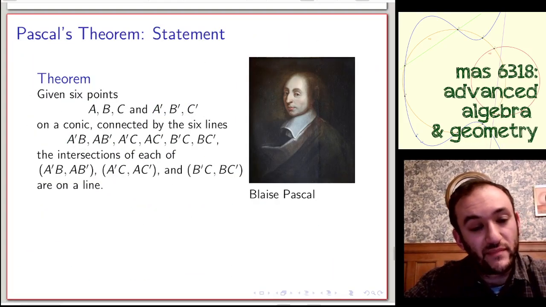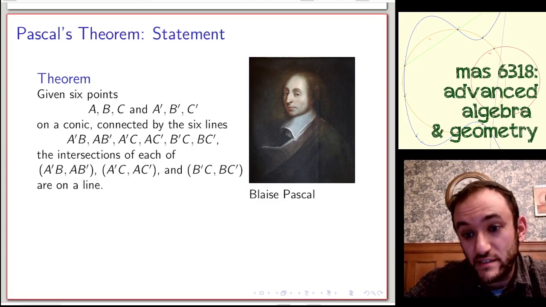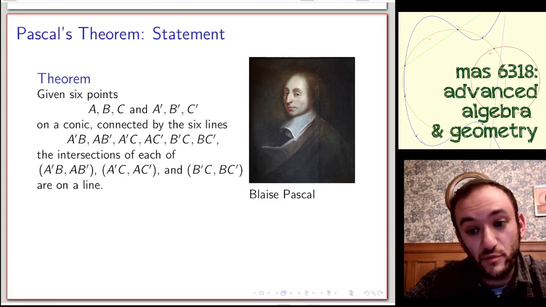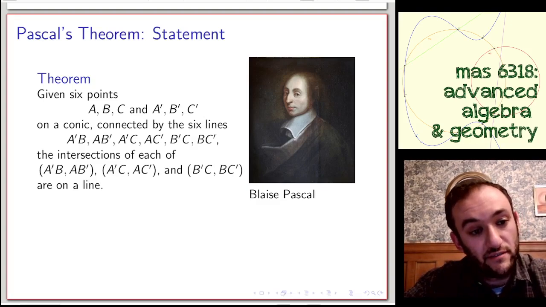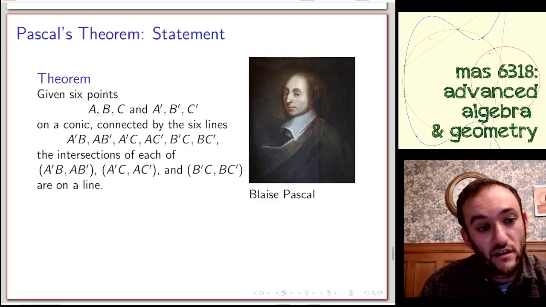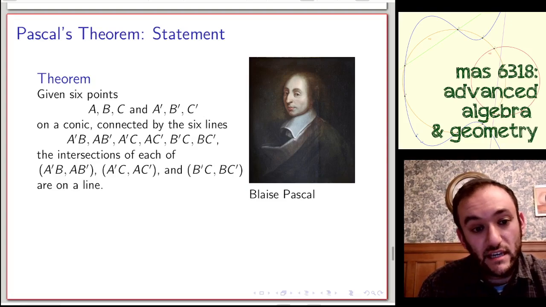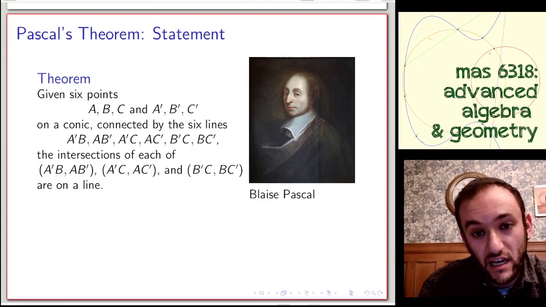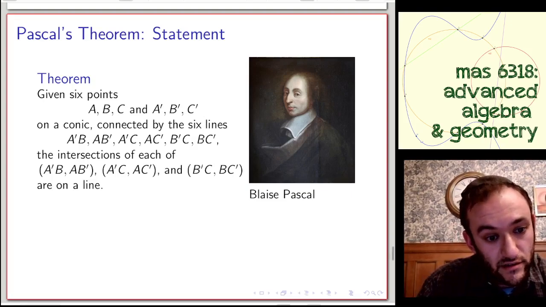Okay, and now we're going to use Bézout's theorem to prove a beautiful theorem in geometry that was discovered by Blaise Pascal, a French mathematician. And the theorem goes as follows. Given 6 points, A, B, C, and A prime, B prime, C prime on a conic. So let's draw a conic so that we know what we're talking about here.